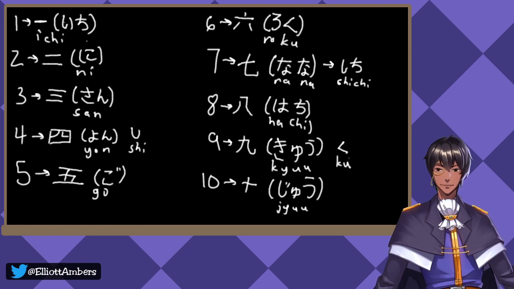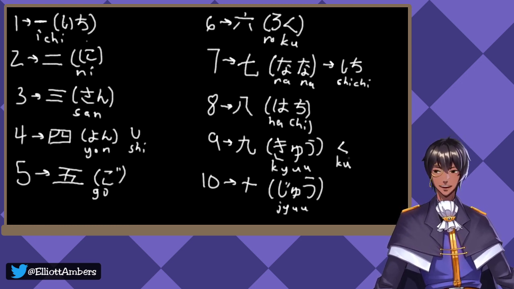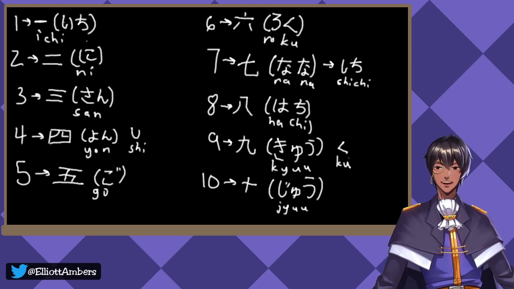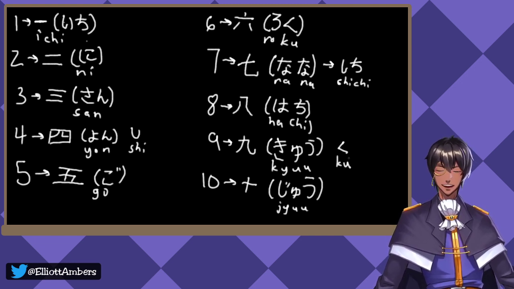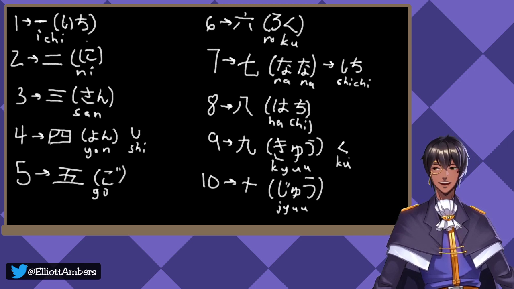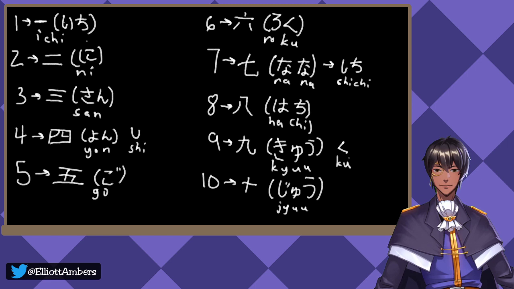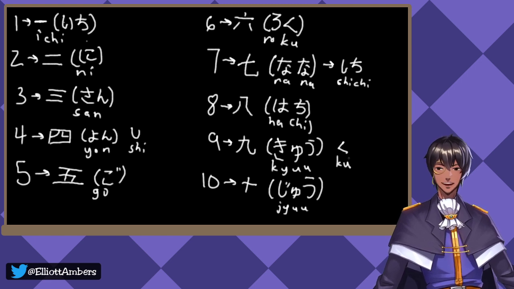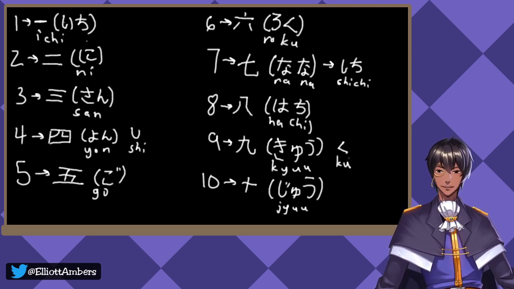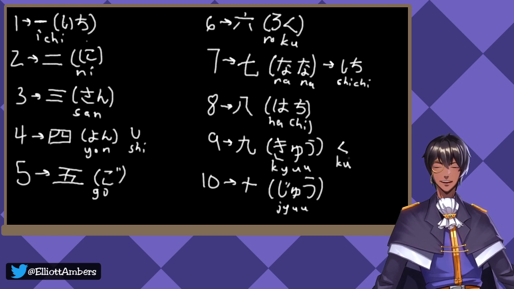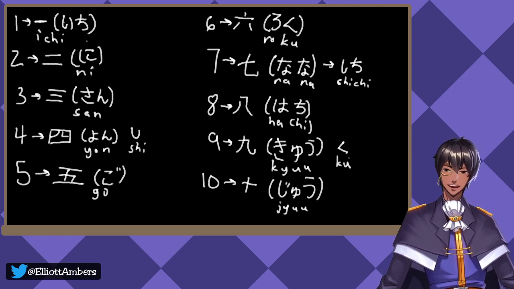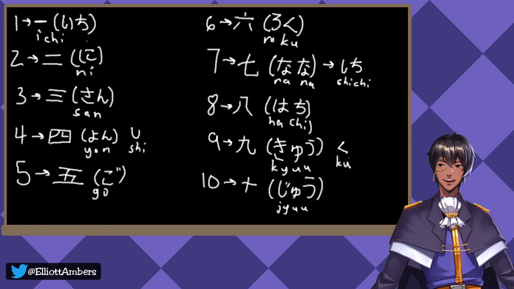I know a lot of people who are into anime and Japanese fiction will know that 4 represents death because shi is also a word that means death. So both 4 and 7 have alternate readings, and those alternate readings are the ones that are more used now. But people still will use shi and shichi for different things.